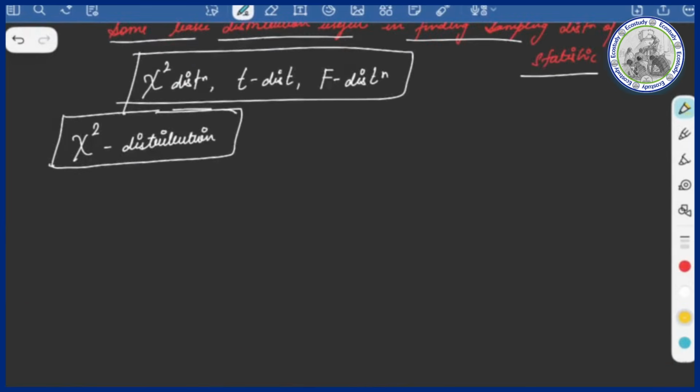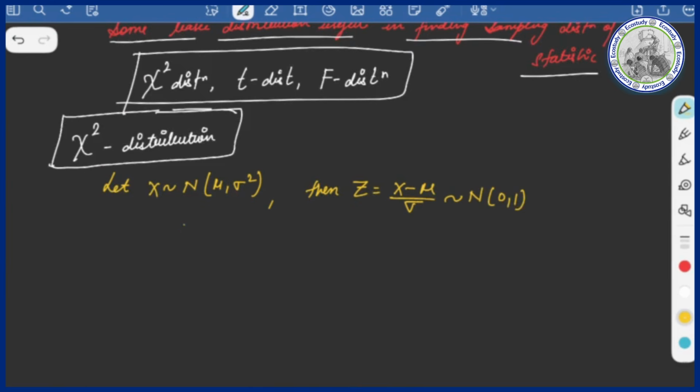Let X follow a normal distribution with mean mu and variance sigma square. Then Z equals X minus mu upon sigma will follow normal 0, 1.